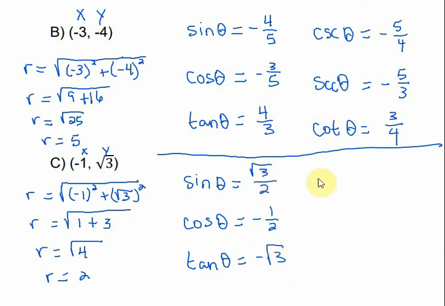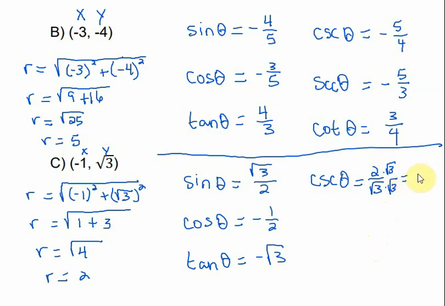All right, so then for cosecant of theta, when I flip this, I get 2 over the square root of 3. Well, we can't leave a radical in the denominator, so we have to rationalize our denominator. And if you'll remember, the way that we rationalize a denominator is we just multiply both the numerator and the denominator by whatever the radical is.